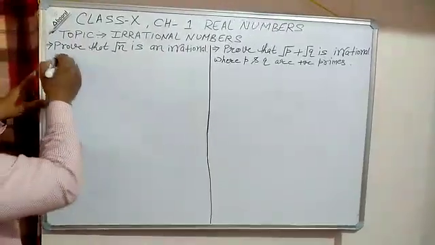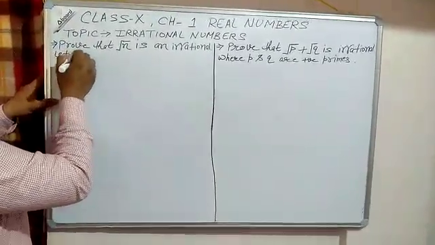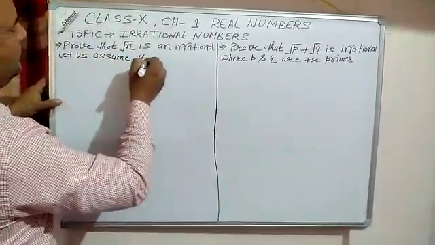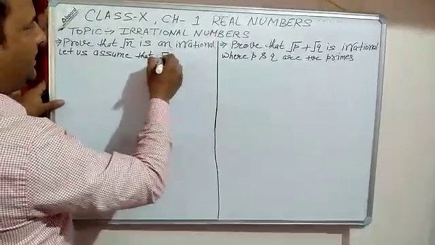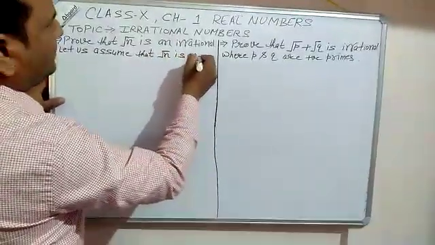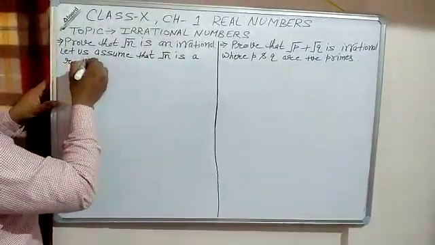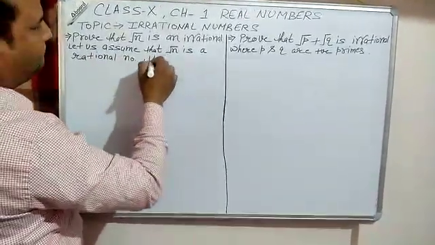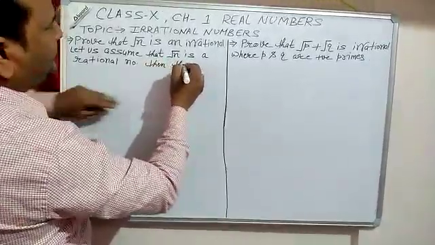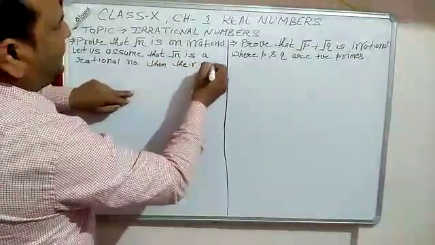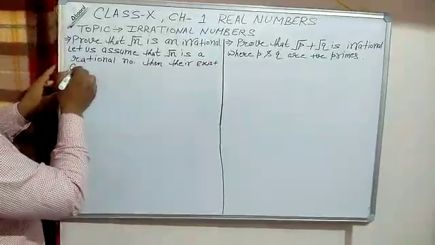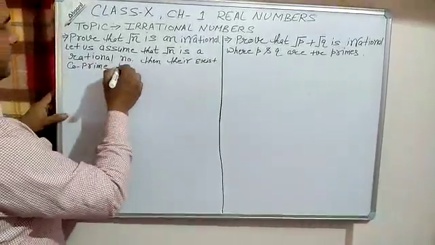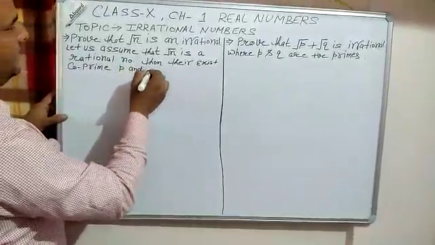So here we are. Let us assume that root n is a rational number. Then there exist co-prime p and q.